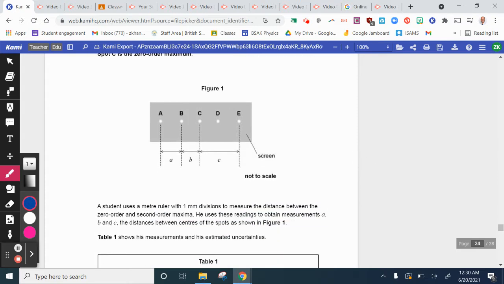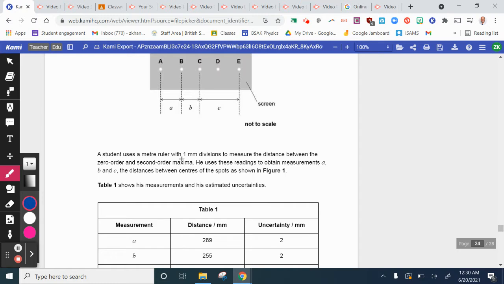And you have got distances that have been taken as measurements: A, B, the distance between B and C, the distance between C and E. A student uses a meter rule with 1 millimeter divisions to measure the distance between the 0 and the second order maximum. So there's a 0, there's a second order maximum.